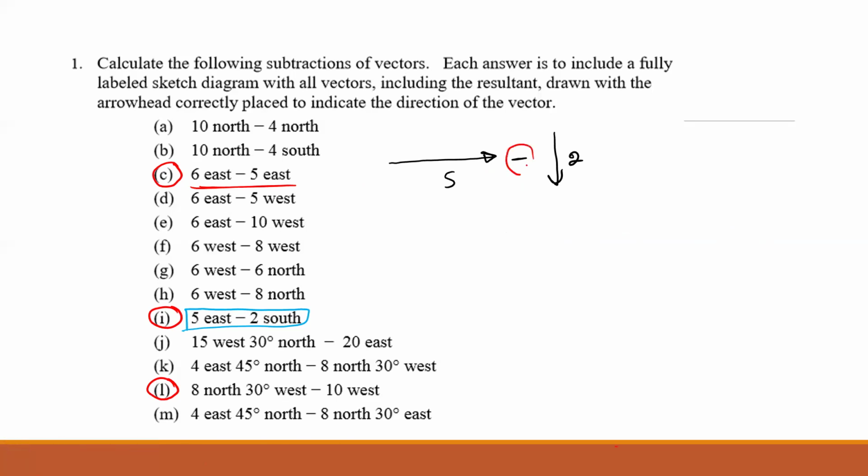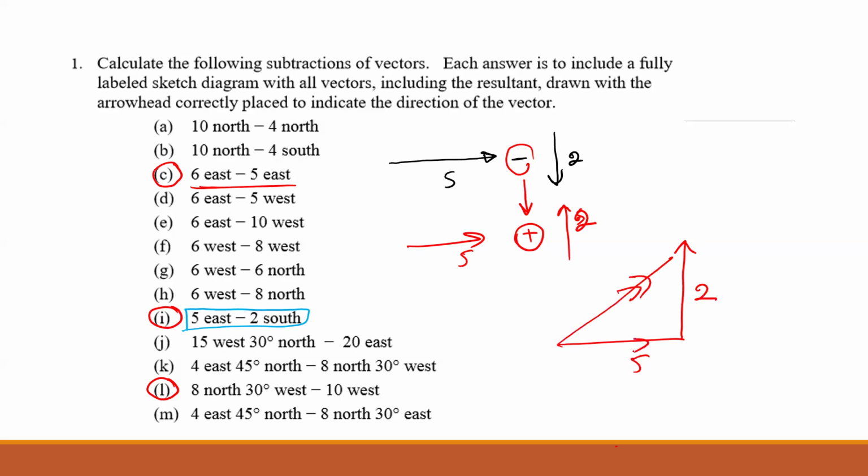Again, you can make this a positive. 5.3. Let me check. So 5 squared. So that will be like this.